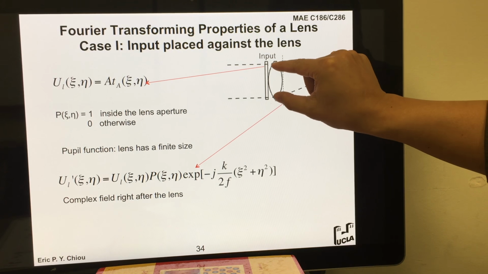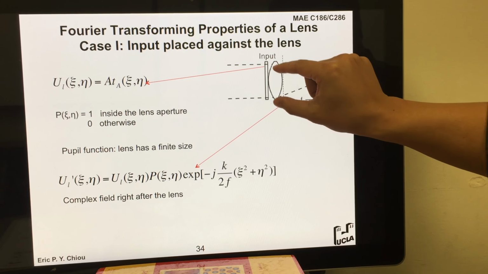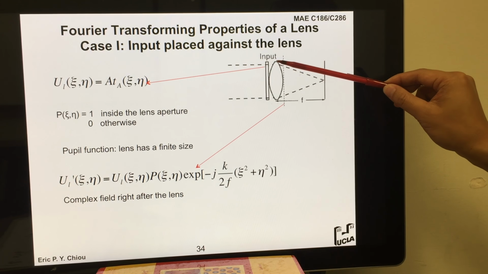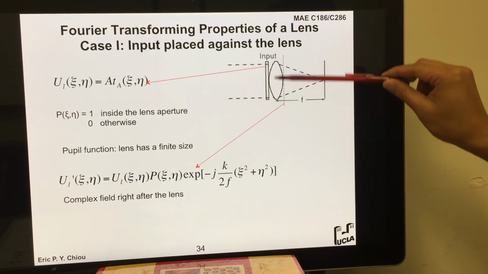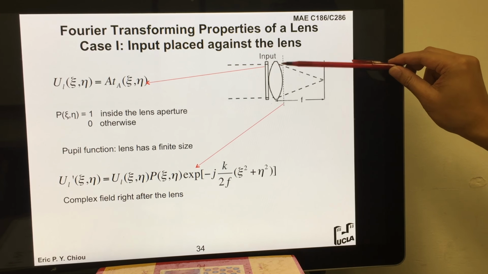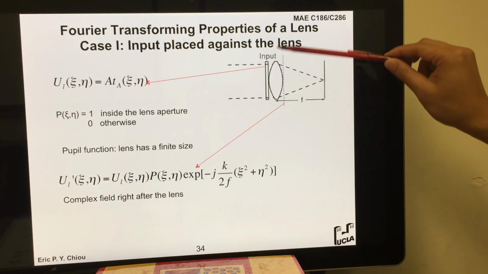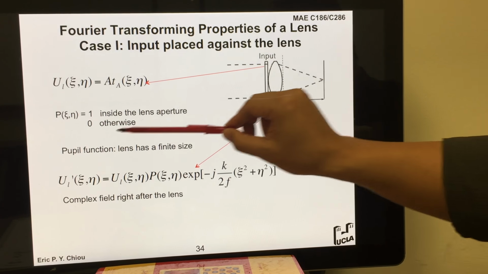The maximum depends on the diameter of the lens. That will determine your aperture range too. So you need to have that kind of function there. The aperture function is simple, which is every light ray that is within this aperture, you can assume is 100% transmitted. And every light ray that is outside this aperture becomes 0.